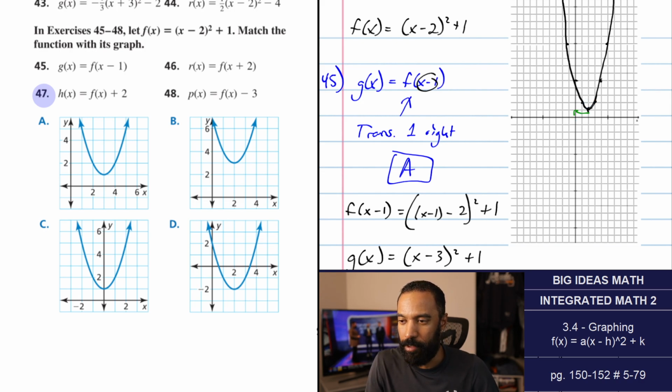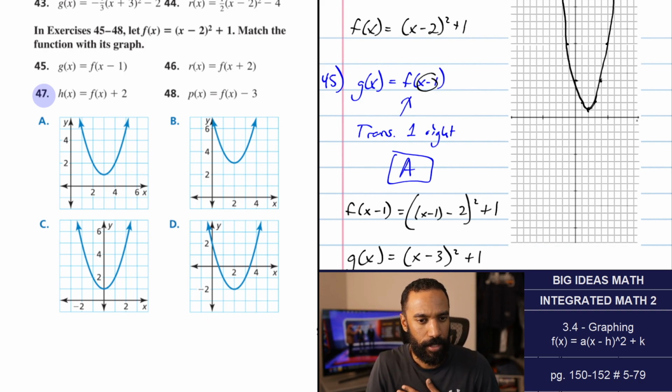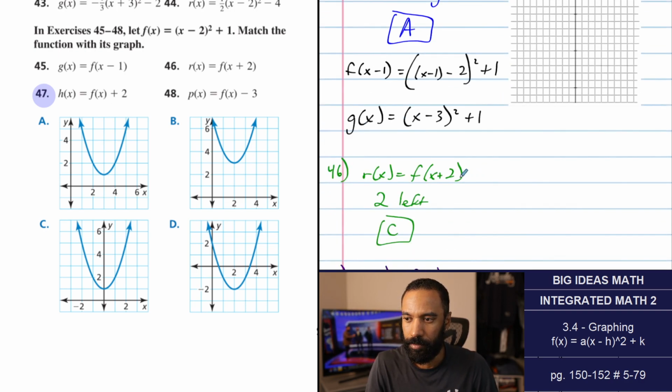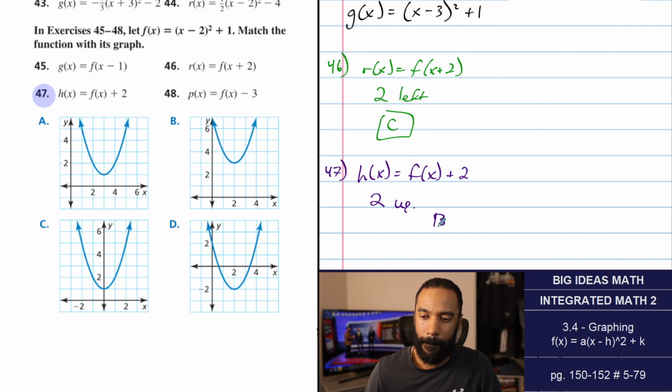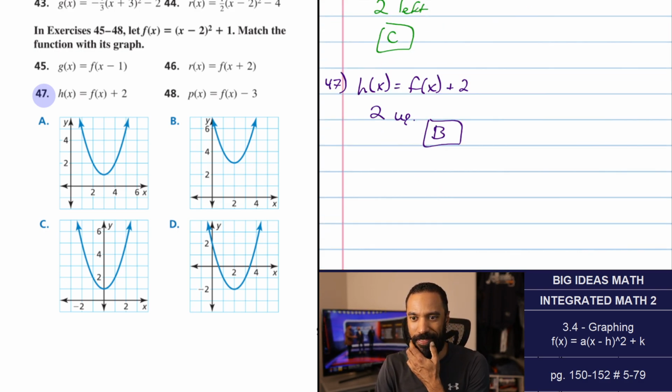That'll be at 3 from the original, that'll be at 2, 3. So let's find the one at 2, 3. That is letter B. It looks like D wasn't chosen, so we'll see how D comes into play based off this.